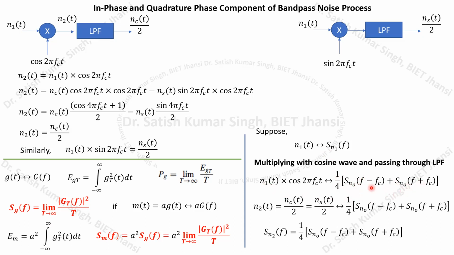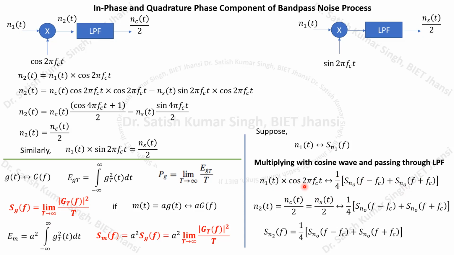We are following the frequency shifting property of the Fourier transform. Because we are multiplying with cos 2 pi f_c t, it has a similar impact on the PSD, as we have already seen in the case of the Fourier transform, where it is a shifting of the original spectrum.